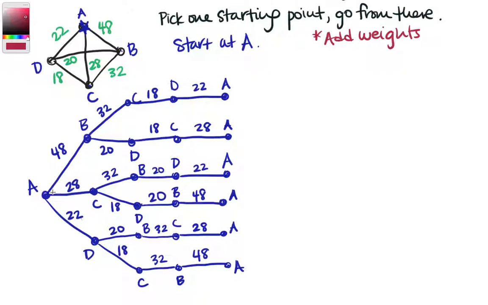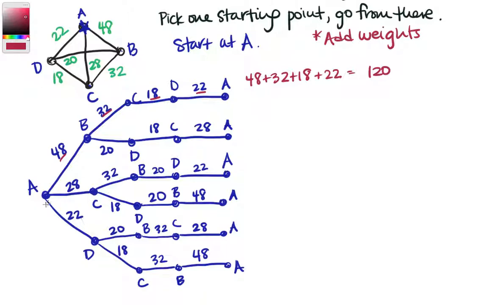So for this first branch, we would do 48 plus 32 plus 18 plus 22. And that gives us, this circuit has weight 120.